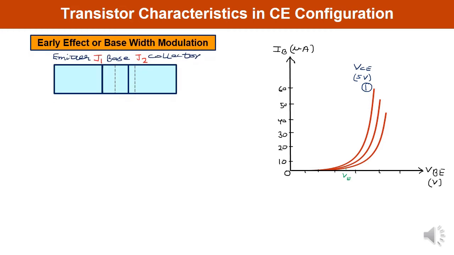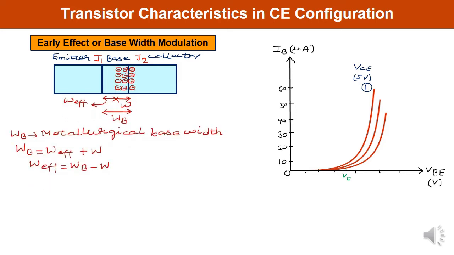To understand this, let us take an NPN transistor. The emitter is made from N, the base is from P and the collector is from N. Let me write it as N, P and N. Here you can see the emitter base junction J1 is forward biased, and the junction J2 is reverse biased.